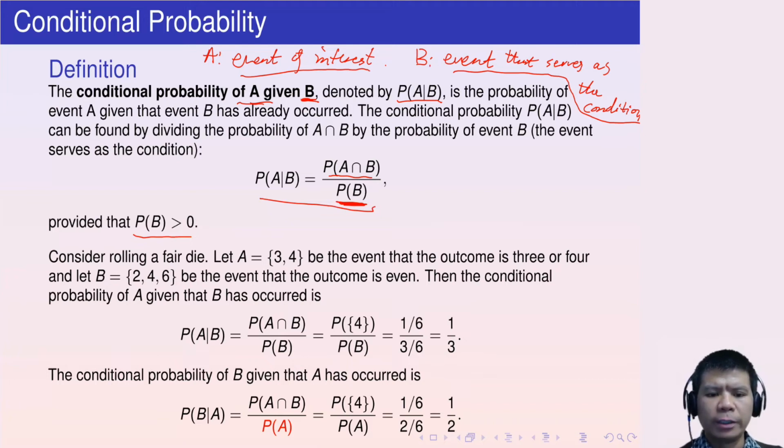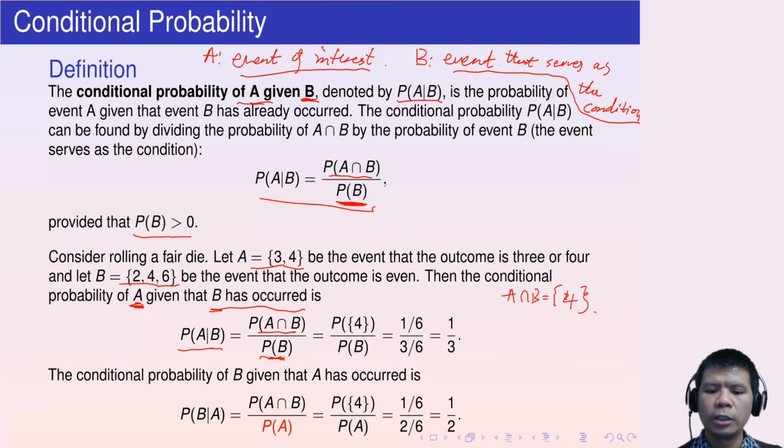Now, consider the rolling of a die. A is {3, 4} here, and B is the event consisting of {2, 4, 6}. Then the conditional probability of A given B, the event of interest given that B has occurred, is by definition the probability of the intersection over the probability of the event that serves as a condition, that's the probability of B. On the top, A intersect B is just {4}.